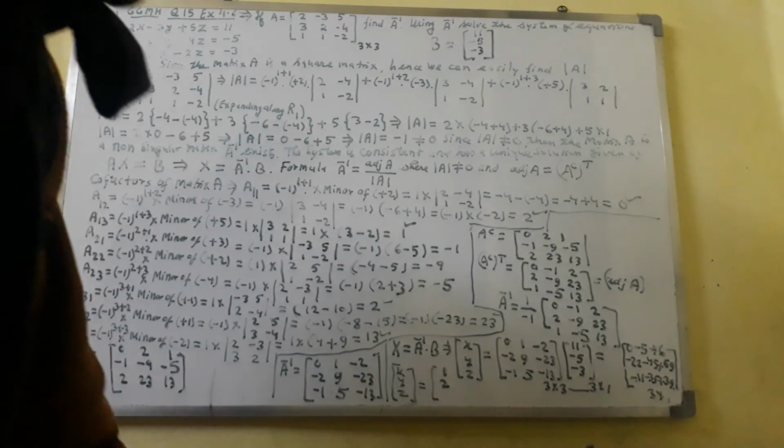Now what we'll do here? This thing is okay. This one 11 will multiply to minus 1 comes out to here minus 11, and minus 5 will multiply to plus 5.